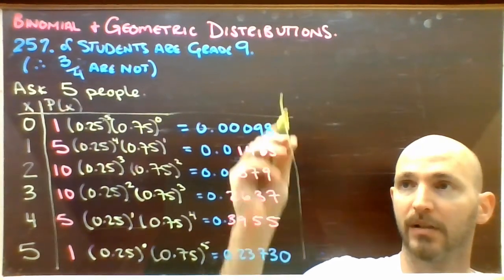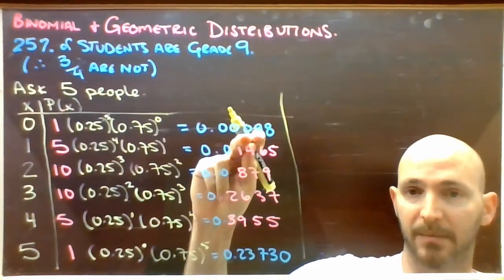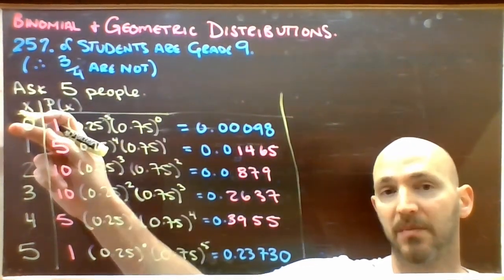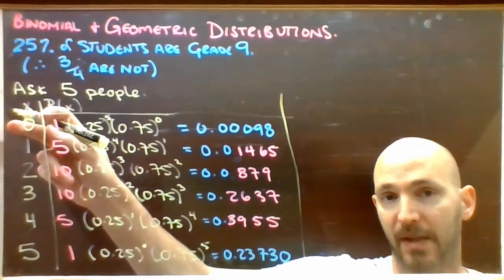So if we try to do expectation values, it's the probability of something happening multiplied by the number of things you get for it.